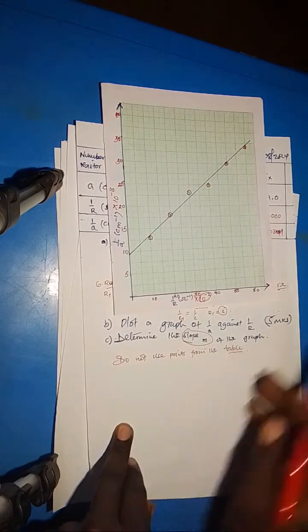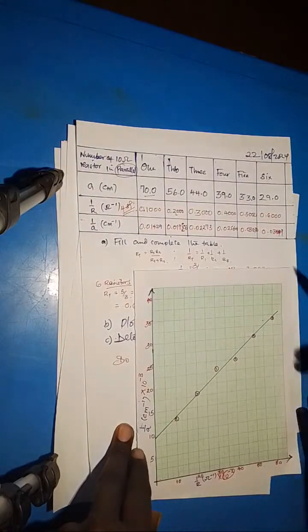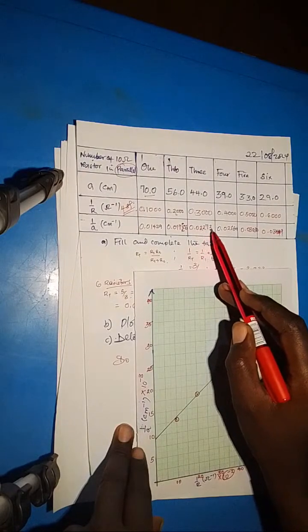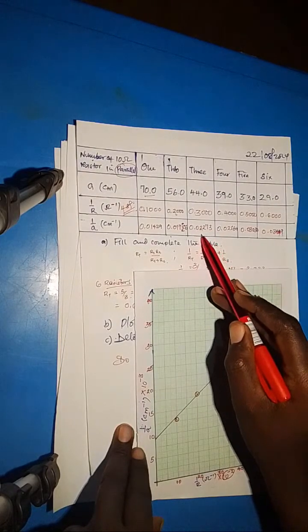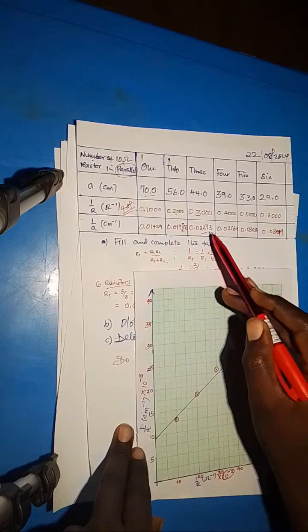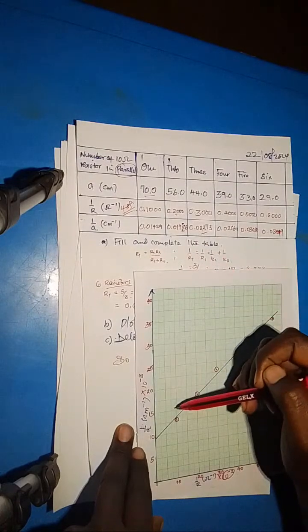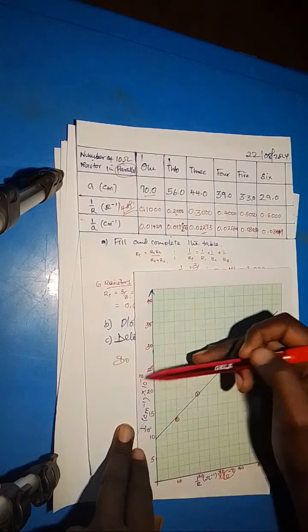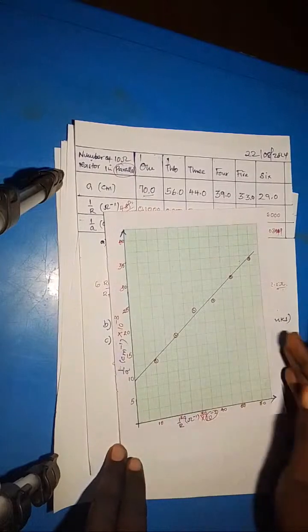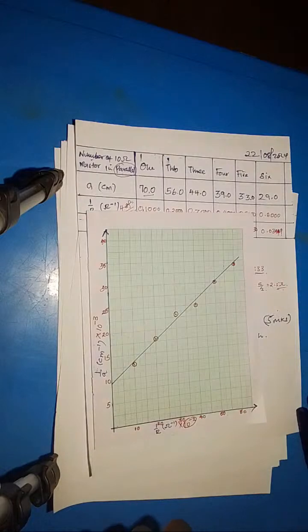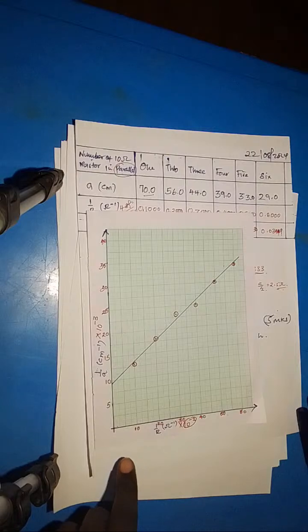For example, if you remember very well, the point which is 0.227, we said in the graph now it becomes 0.023, which now, according to our graph, will be 23 times 10 raised to power negative 3. Then now, we pick any 2 points from this graph.